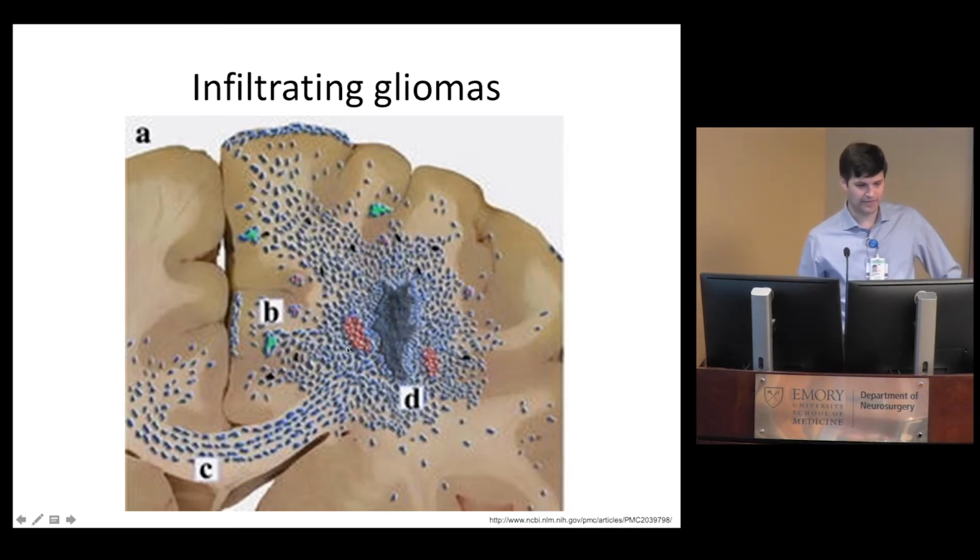Here we have a drawing of an infiltrating glioma, and this is the main tumor mass. I think they're probably trying to depict a glioblastoma here. You can see that these tumor cells will go along white matter tracts in large numbers, but they'll also singly work their way out into the neuropil elsewhere.